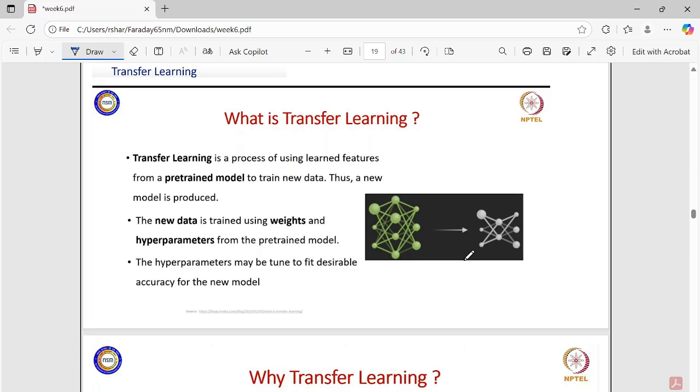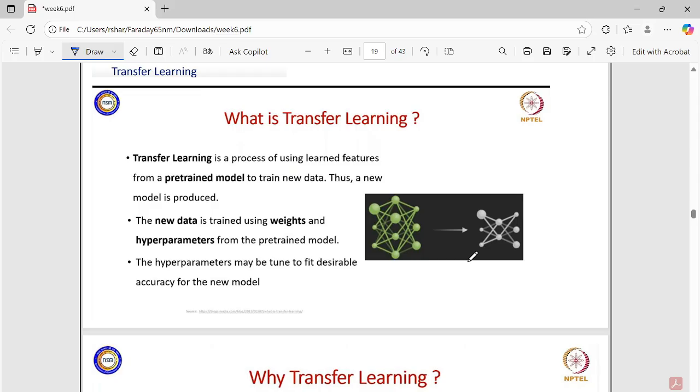Training a deep learning model from scratch requires a lot of data and computation power. Many problems share common features, for example edges and shapes in images. Transfer learning leverages the knowledge learned from the large dataset task to improve performance on a similar or different dataset or task.